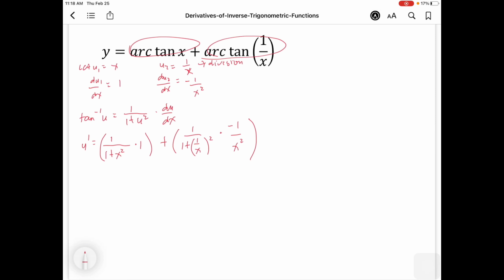So simplify lang natin. Magkakaroon tayo dito ng y prime is equal to 1 over 1 plus x squared plus, ayan, simplify natin tong part na to. So magkakaroon tayo dito ng 1 over 1 plus 1 over x squared times negative 1 over x squared.